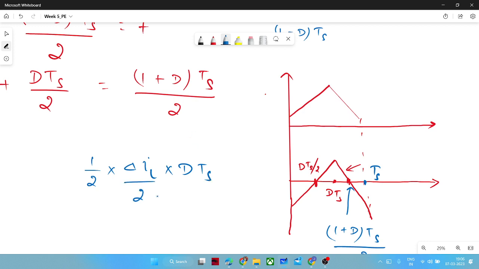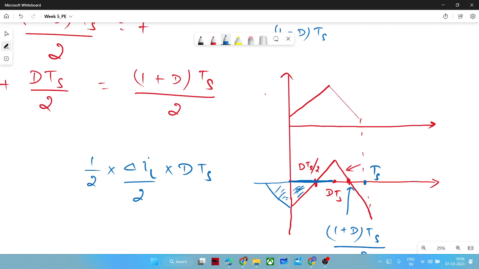DTS is this entire portion, right? So if you say DTS by 2, then you are again saying only one portion of discharging. You are neglecting the other portion of discharging. You got my point? No, sir.